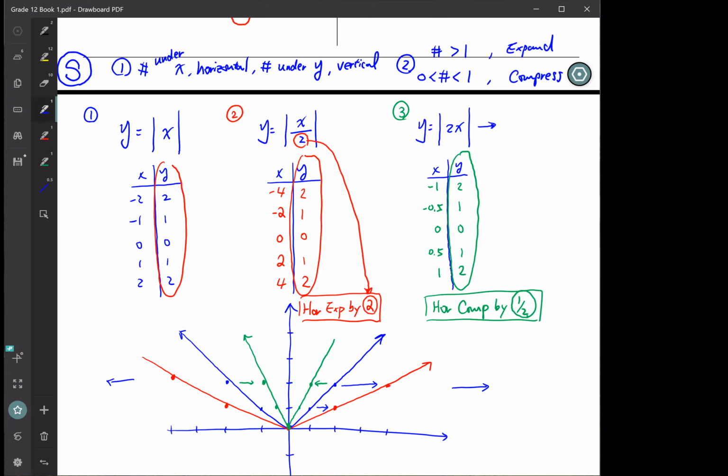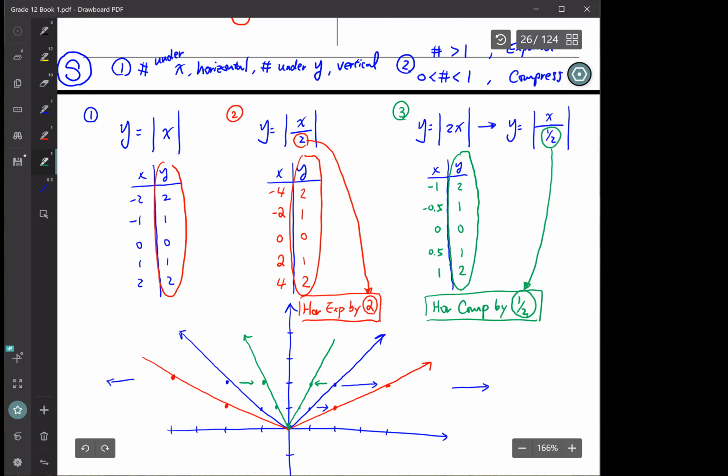So we can rewrite the function as absolute value of x over a half, right? Because over means divide. When you divide by a half, it'll be the same as multiplying by 2, okay? So that's where the half comes from.